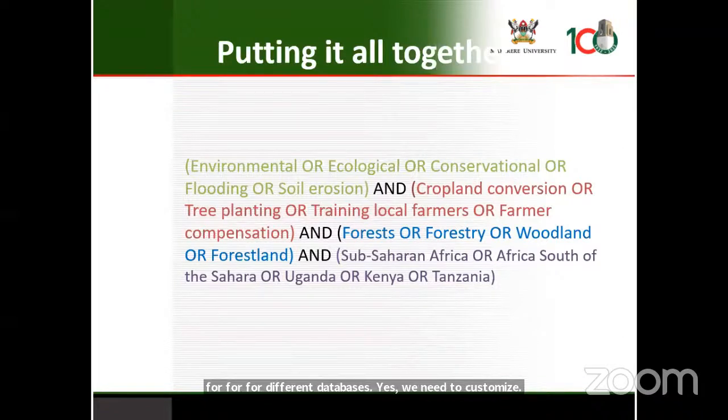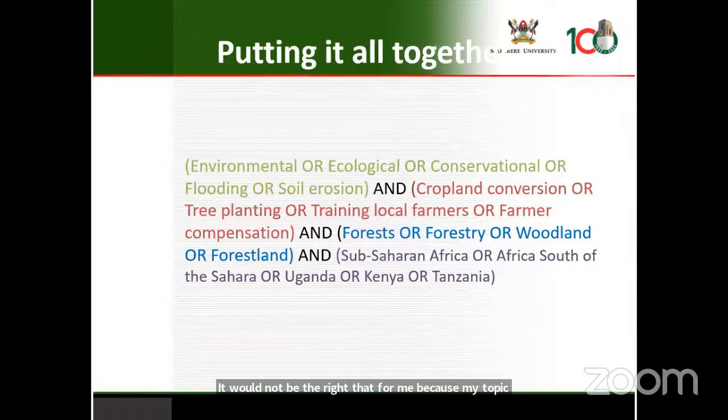This particular one, I did it in PubMed. But PubMed is a biomedical research database. So you may find information there, but it would not be the right database for me because my topic is not a biomedical topic.